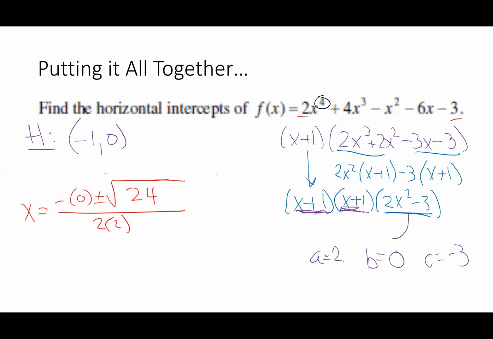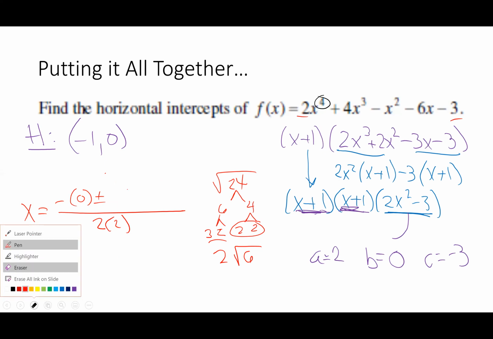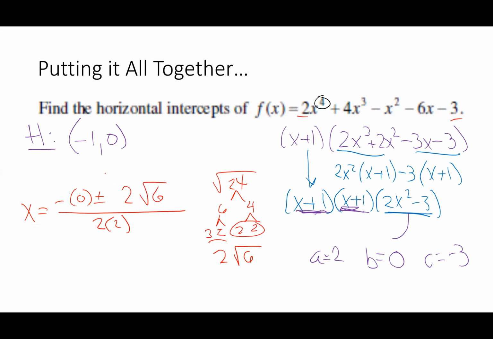So I'm going to simplify the square root of 24, and I'll say, okay, well, that's 6 and 4. 4 breaks down to 2 and 2. 6 breaks down to 3 and 2. So this becomes 2 square root of 3 times 2 is 6. And if you notice, this -0, that's not doing anything anyway.